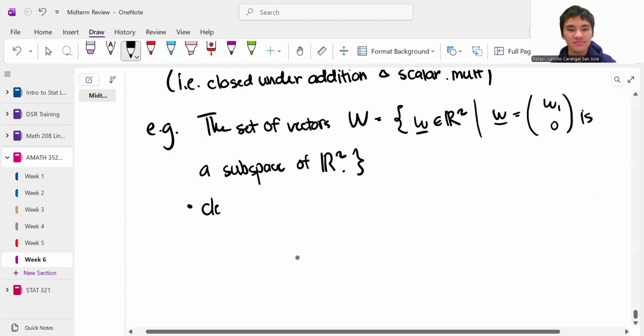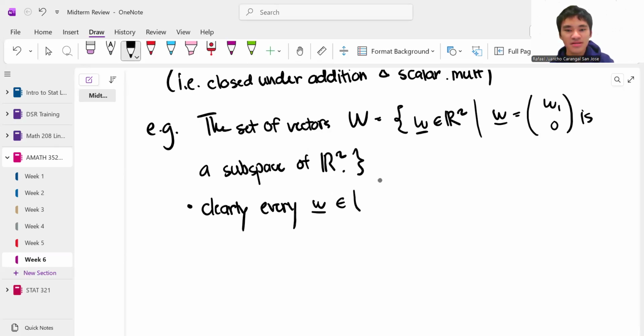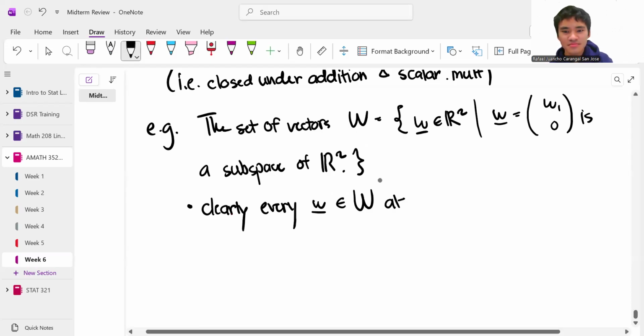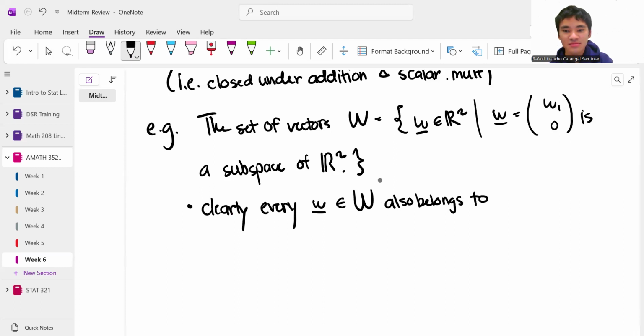So clearly every w in this set W, capital W, also belongs to R2. I hope that makes sense.